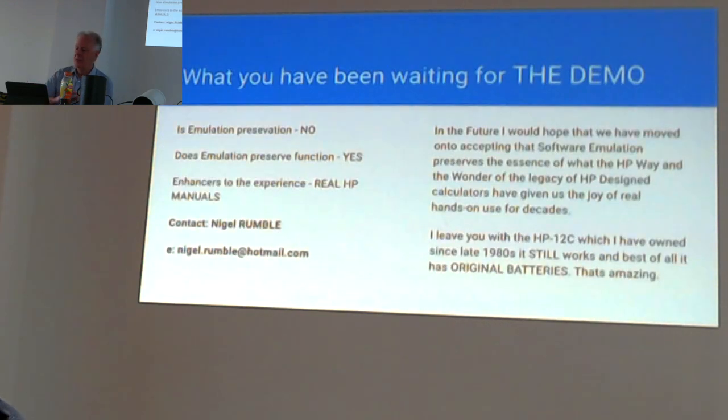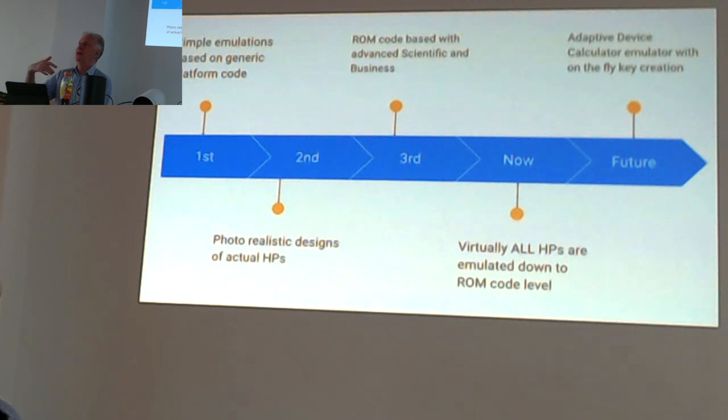But I see the future for us as possibly a system that we haven't seen yet, which is an adaptive device calculator. We need some electronics people, Tony, who could maybe design one of these. It would look like a generic calculator, but it would have probably the maximum buttons you would have on an HP calculator, and they could be soft programmed, meaning the physical buttons, with little LCD matrices or whatever built into them, could be adaptively changed on the fly.